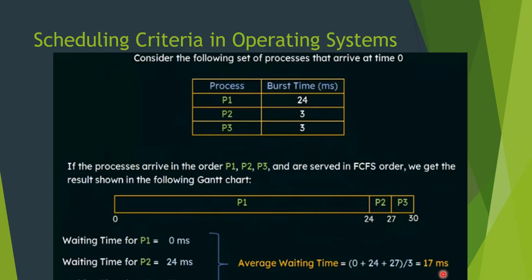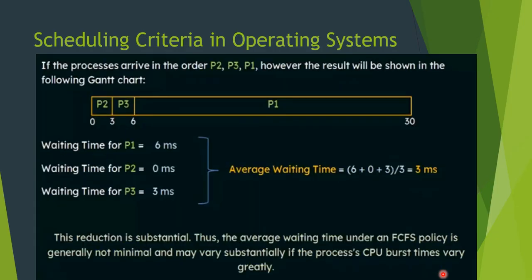Let's look at another example here. Here we have a different order in which these processes arrive. This time around, process 2 arrives first, process 3 follows, and then process 1 follows. And this is how the Gantt chart will look this time around.